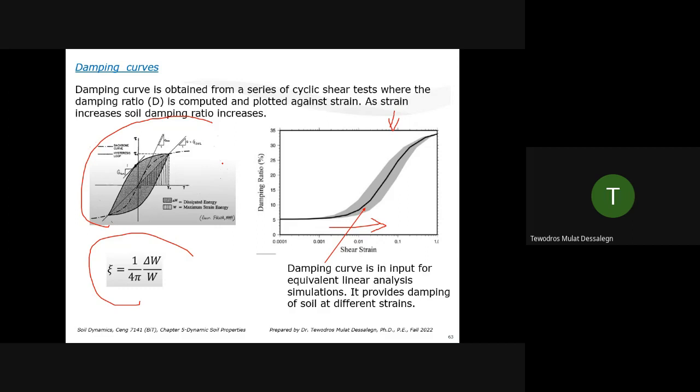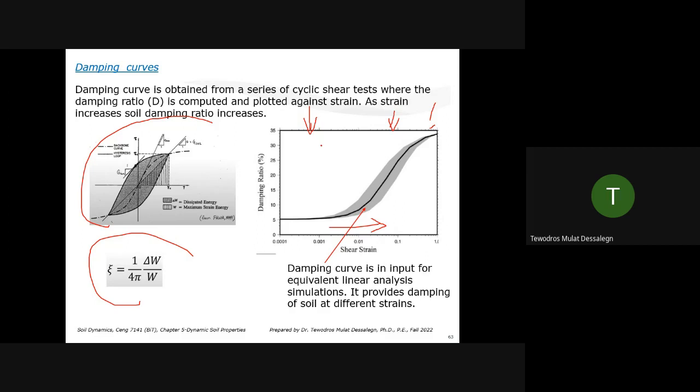Yes. They are input to a dynamic analysis. We are getting ready to do a finite element simulation. When you do your SHAKE or ProShake or SASI, any analysis, this is a direct input to the software. Somebody goes out in the field, does a field test or a lab test, prepares the data, and this is the input.